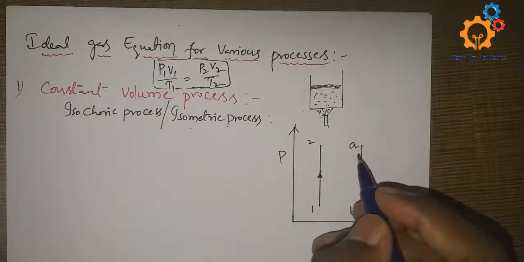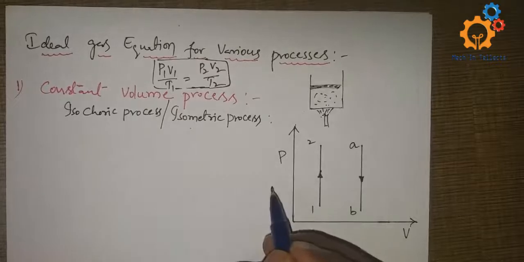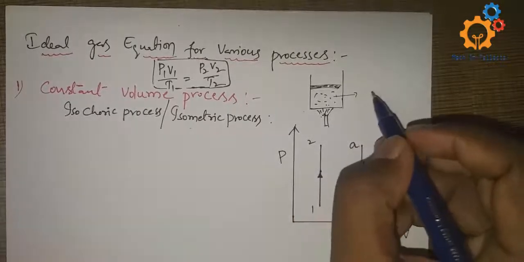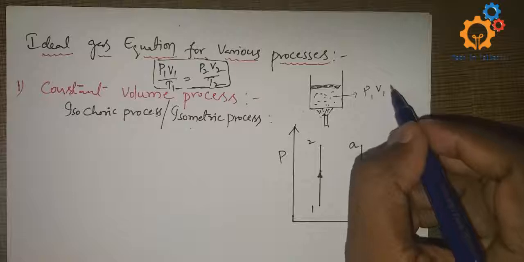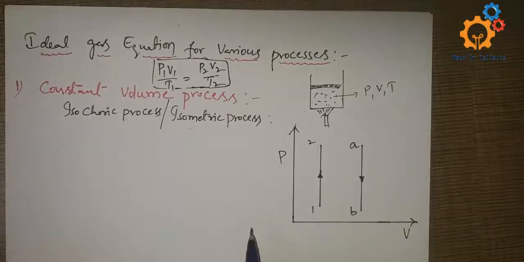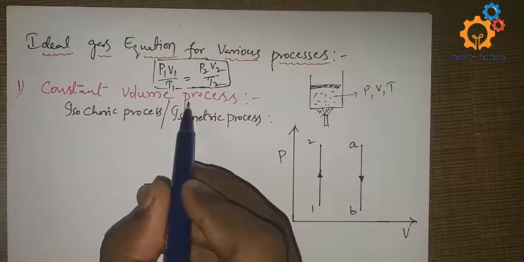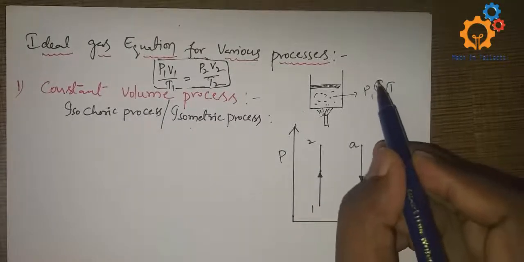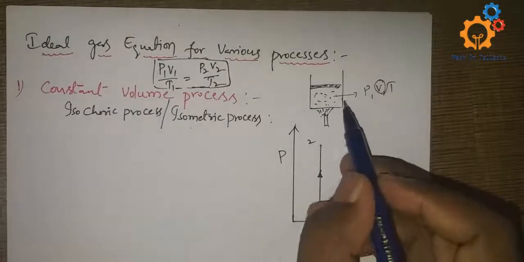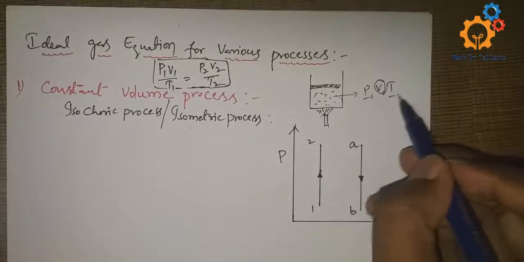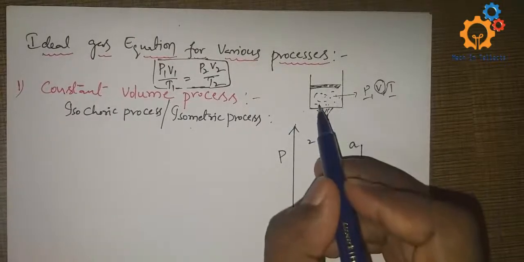What happens to the parameters of thermodynamics like pressure, volume, temperature? At constant volume, when we supply heat, what happens to pressure and temperature of the system?